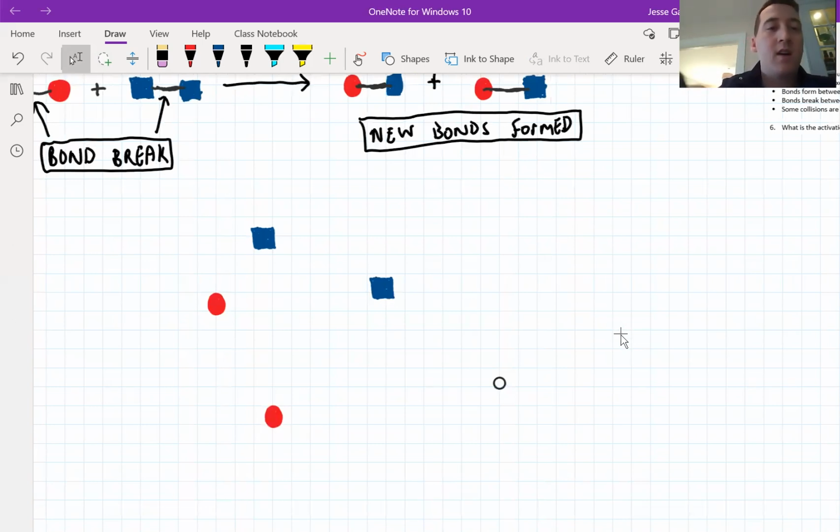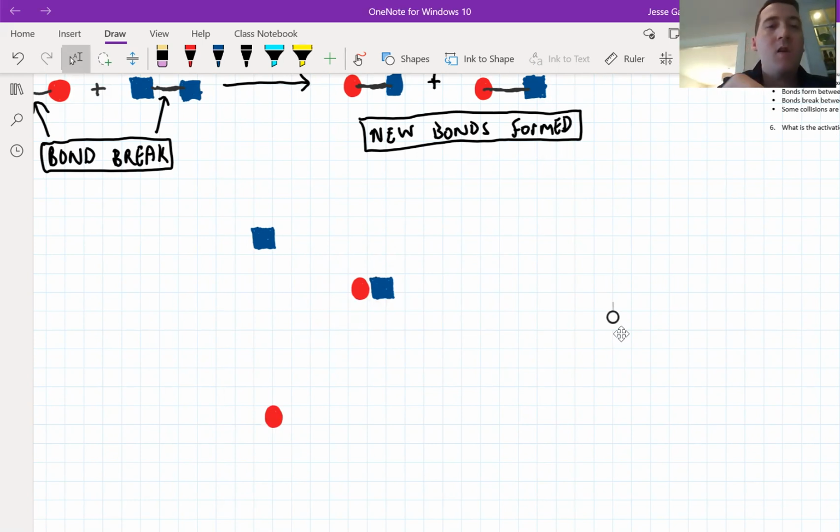Well, the key thing here is that these are going to be moving around the place like this, moving around to there, and to there, in whatever container you're mixing them in. And eventually they're going to approach each other and crash into each other. We call this a collision. We say the particles collide.